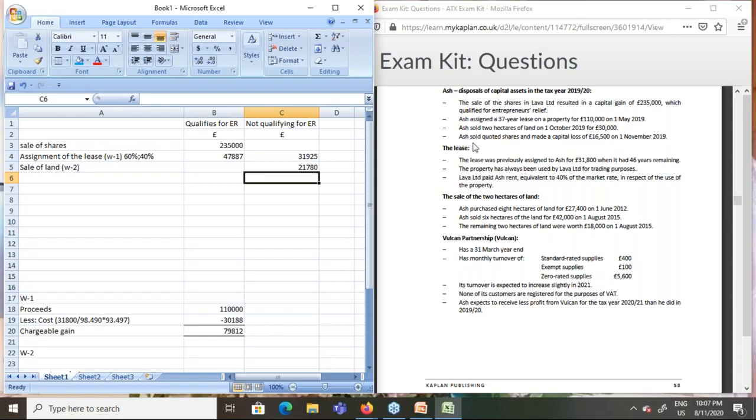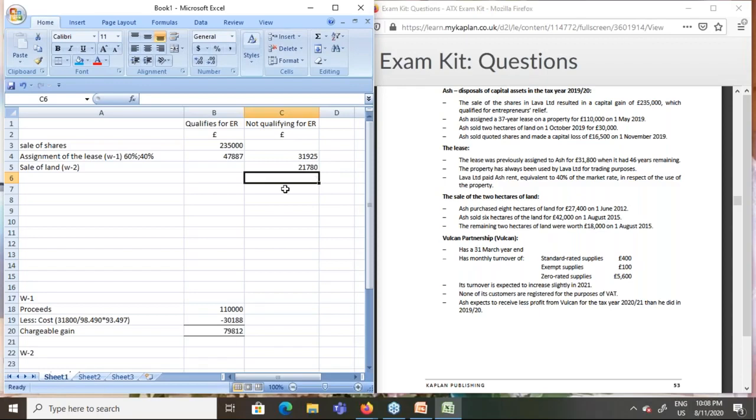Then, as sold quoted shares and made a capital loss of 16,500. Now, in the current year, you have a capital loss. Now, listen very carefully. If you have a current year capital loss or even brought forward loss, and when you are using the annual exempt amount of 12,000 also, always use them against the gains not qualifying for ER.